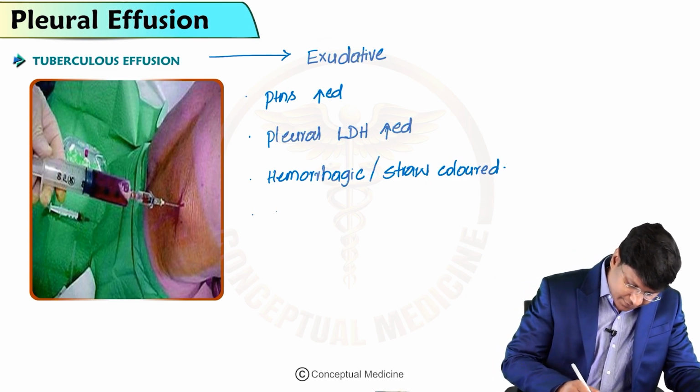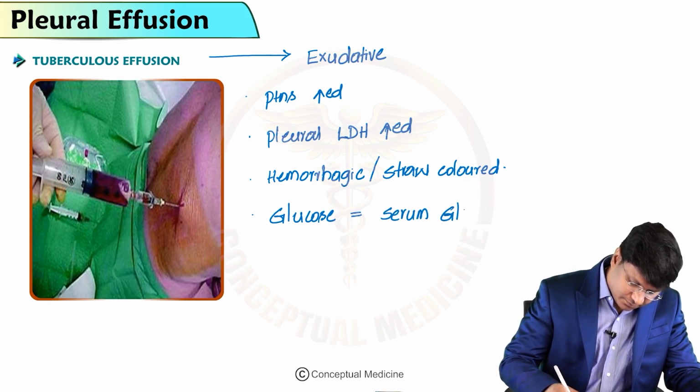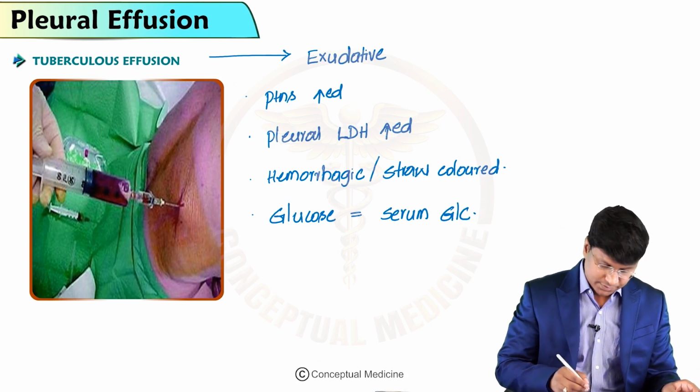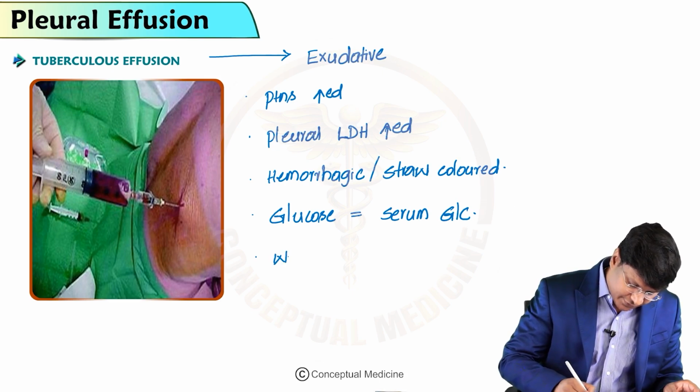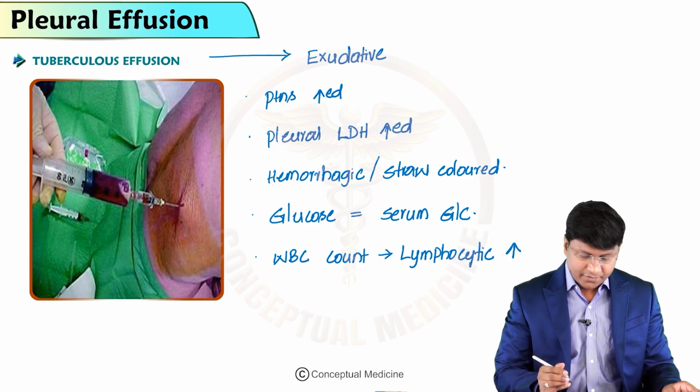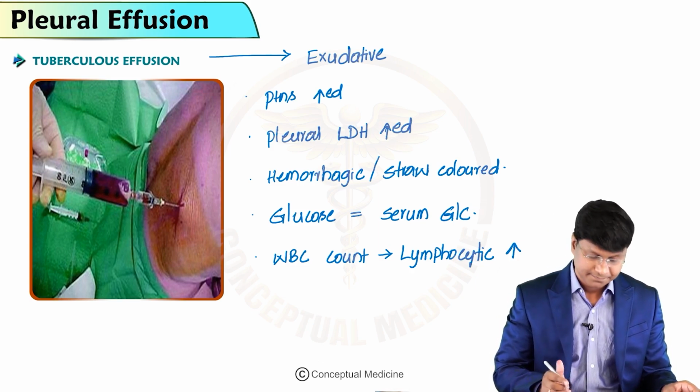And the pleural fluid glucose will be equal to that of the serum glucose. And if you see the WBC count in the pleural fluid, it will be of lymphocytic predominance.